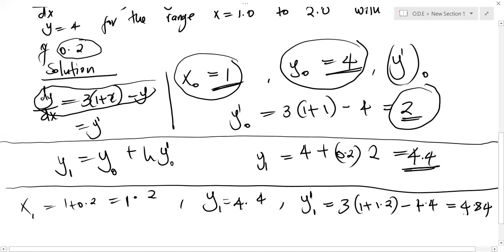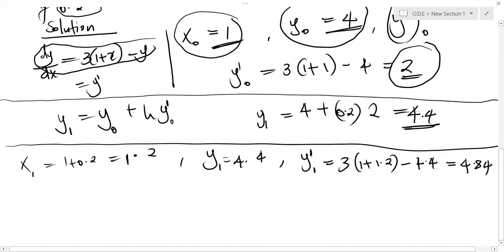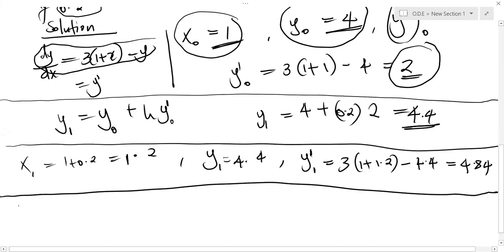Okay, then we continue with the same process, guys. So I am going to do the last one, then I want you guys to continue all the way up to 2. Now, what is our x2? Our x1 is 1.2 and the interval is 0.2. So our x2 will be 1.2 plus 0.2, which is 1.4.